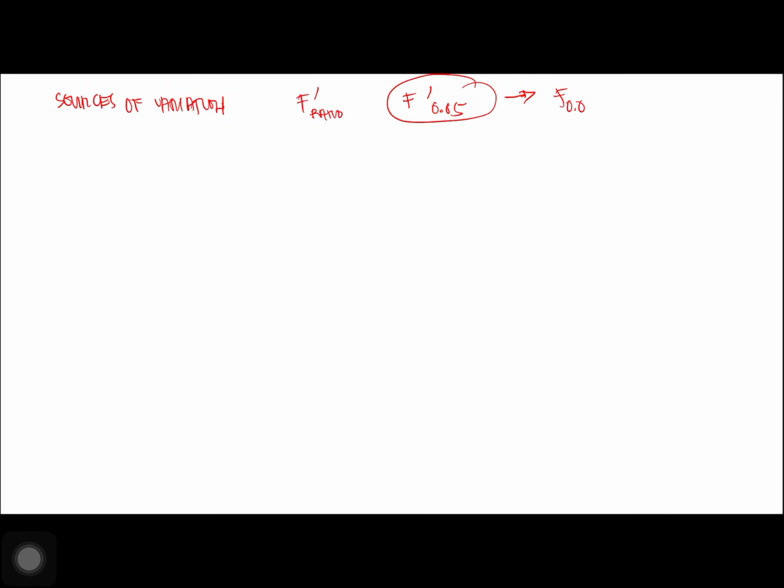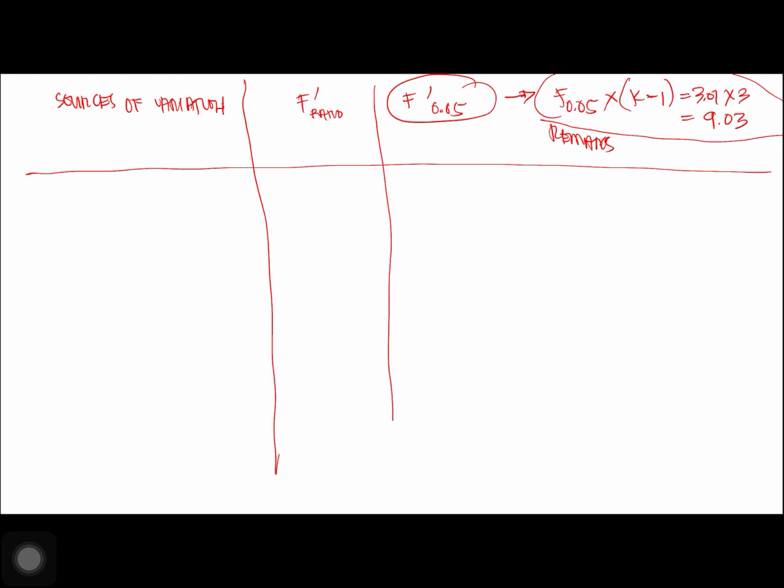So how are we going to get this? F prime at 0.05 is F at 0.05 times K minus 1. So this is equal to 3.01 times 4 minus 1, which is 3. We have 9.03. Then we have, of course, our remarks.